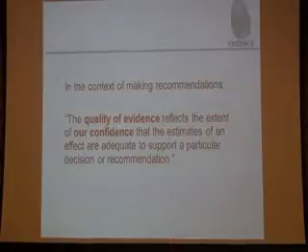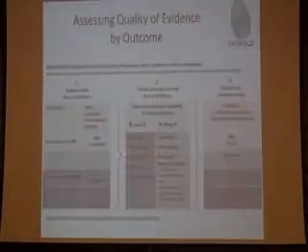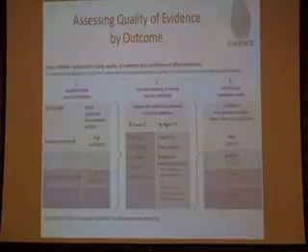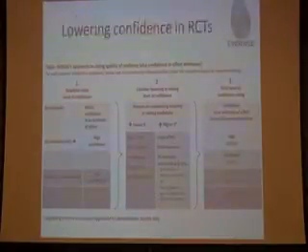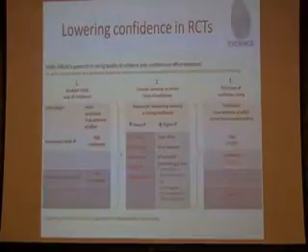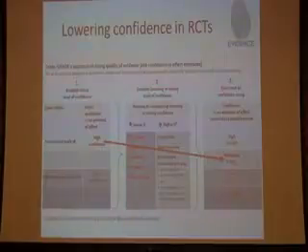The way you go from evidence to the recommendation is looking at the level of confidence initially. With randomized studies, you start high; with observational, you start low. Then you consider all the domains of risk of bias. After you have done this, you can start high and go down to moderate, to low, or to very low.